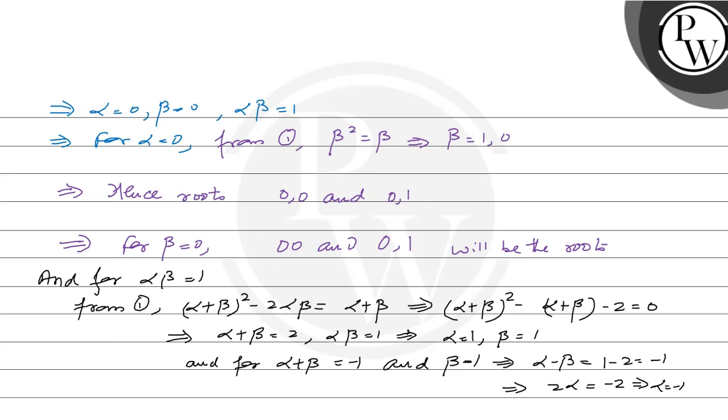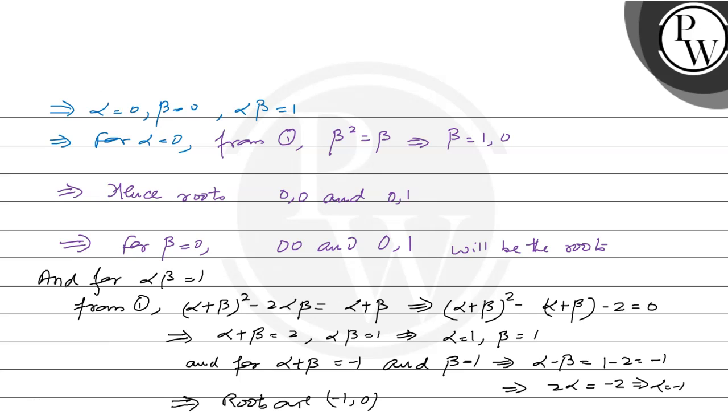So alpha equal to minus 1, therefore the second set of roots are minus 1 and 0. Sorry, beta was 0. Right? So minus 1 and 0.